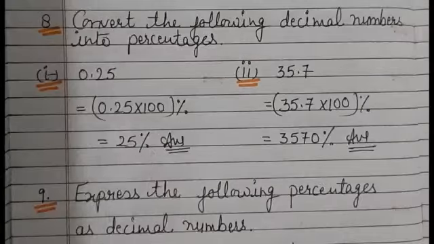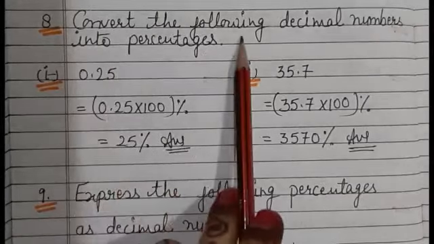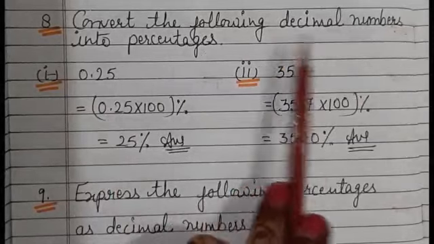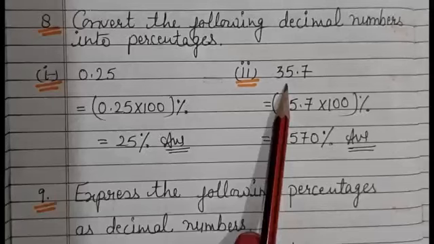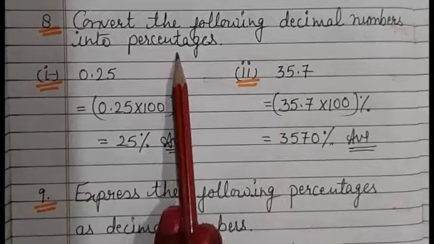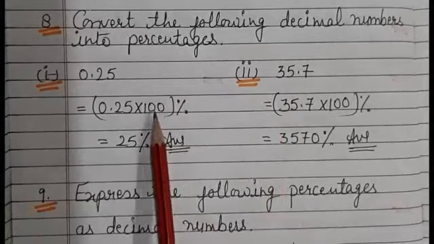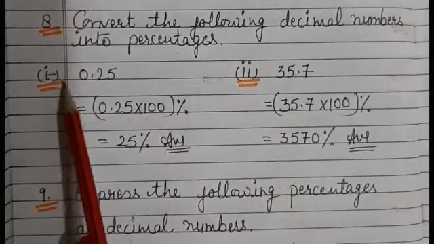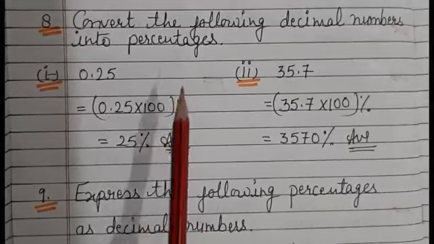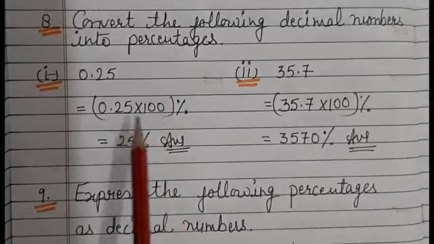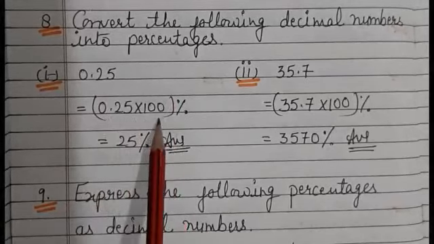Clear? Now 8th numerical, convert the following decimal numbers into percentage. Now these numbers are decimal numbers. If we have to convert into percentage, then we have to multiply it by 100. So first part is 0.25. To convert into percentage, multiply it by 100. So 0.25 into 100.